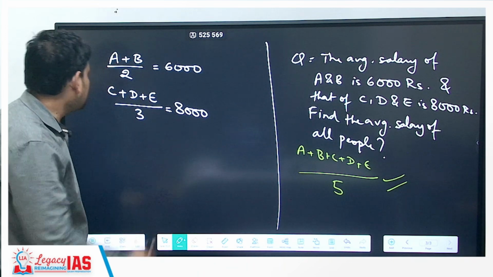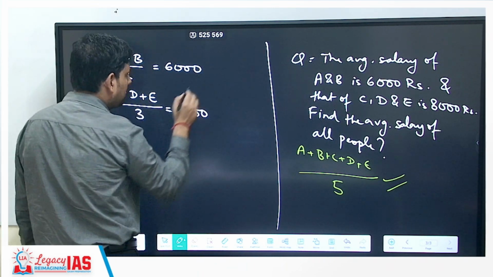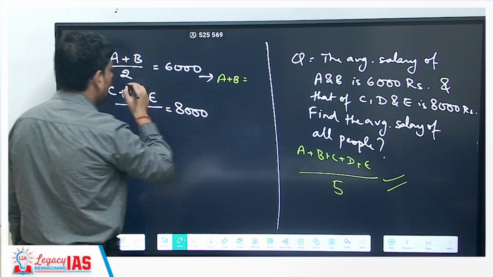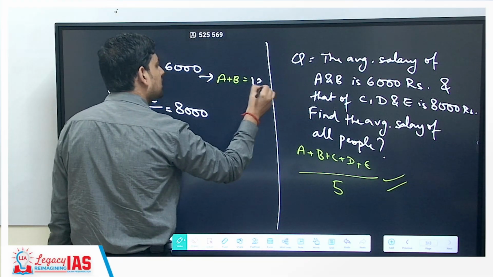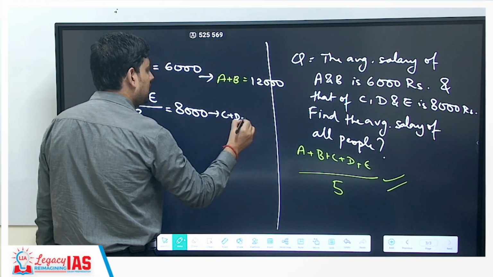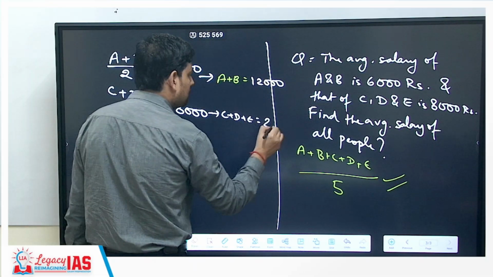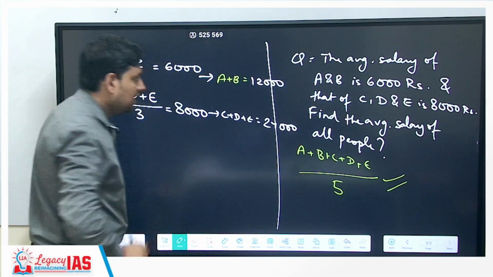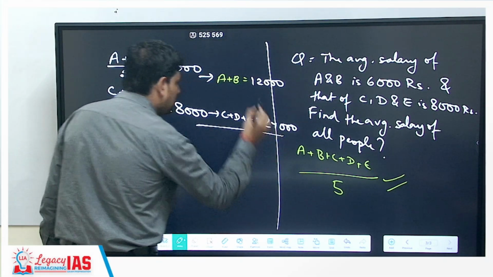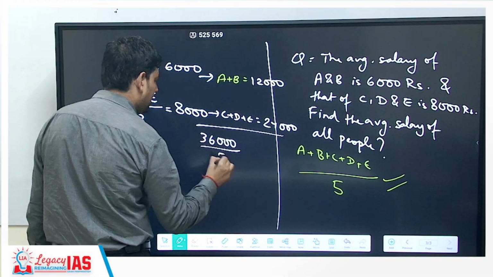You can already guess. From here I can get A plus B is equal to 6,000 into 2, that is 12,000, and from here I can get C plus D plus E is equal to 3 into 8,000, that is 24,000. Now I need the sum of both, so I just add both of them, and I will get 36,000 divided by 5.